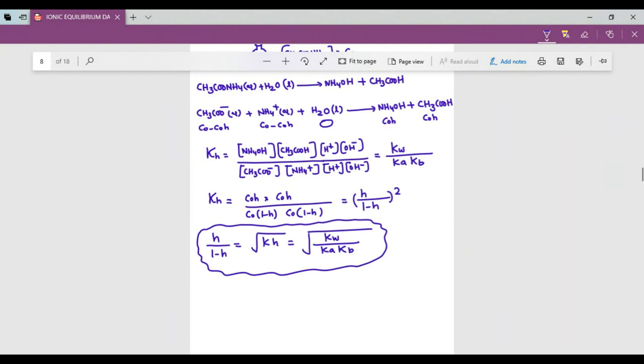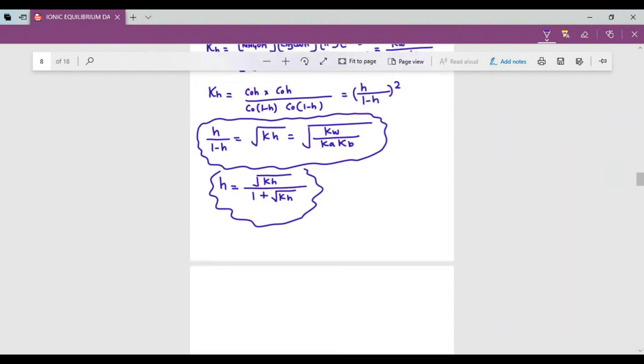So from this formula, if I want to write the exact value of degree of hydrolysis, cross multiply and simplify this, we are getting under root Kh upon 1 plus under root Kh, right? And for this, now I take an approximation, because Ka and Kb are very small. So if I write the value of Kh for this particular salt, that is equal to 10^-14 divided by 1.8 whole square, because Ka and Kb are both equal, into 10^-10.